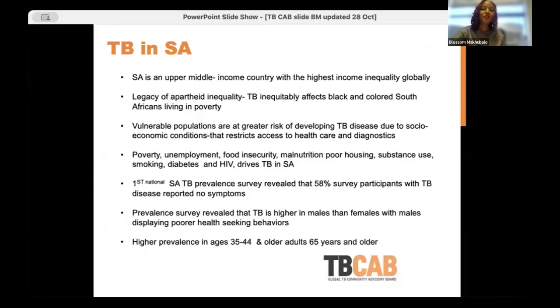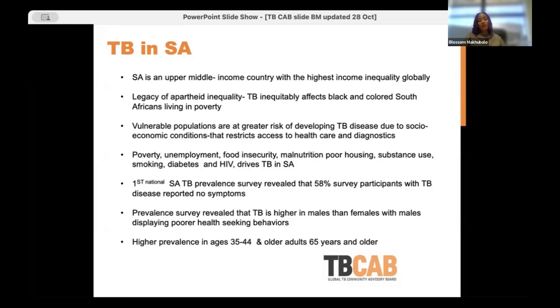You know what makes South Africa unique? South Africa is an upper middle income country with the highest income inequality globally. I think Prof also mentioned this briefly in his presentation. We are sitting with a legacy of apartheid, which resulted in inequality.